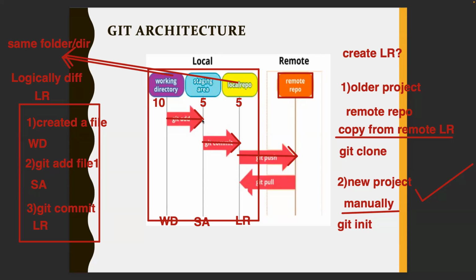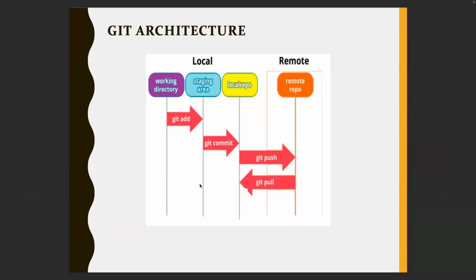If you don't know these basics, even a small thing you can't solve on your own. So make sure you are good with this kind of knowledge. Just learning the commands will not do. You need to understand why, what is the need of each and every component. So these are the points you have to memorize. I'll share this document as well, including this Git architecture. Everyone should have this architectural diagram in your mind.